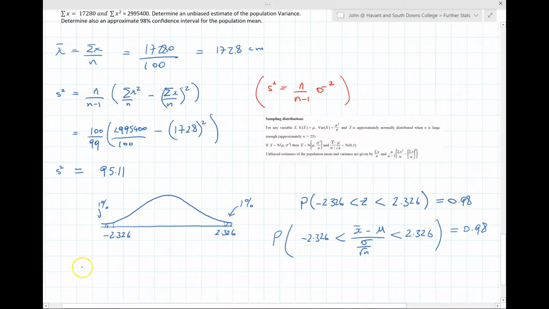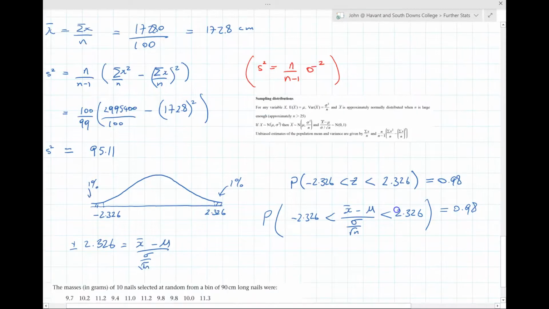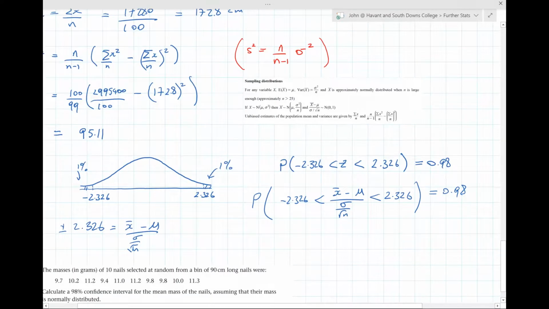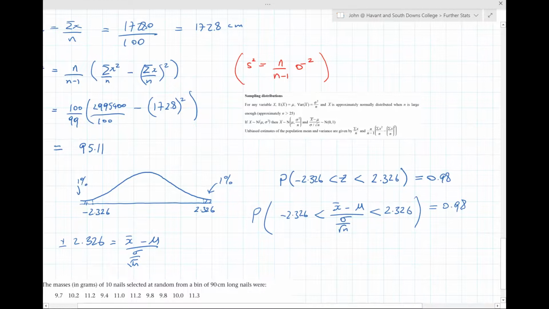So if you wanted to, you could do plus or minus 2.326 equals (x bar minus mu) over sigma over root n. Oh, and we do know sigma and n. And rearrange if you wanted to do that separately, but I'm just going to do it straight off here.